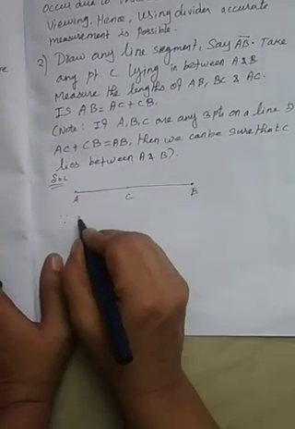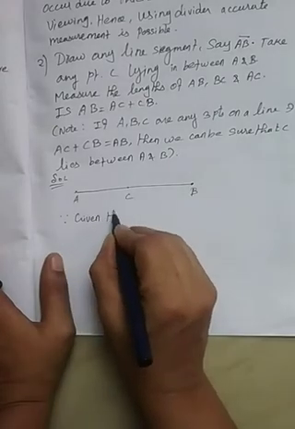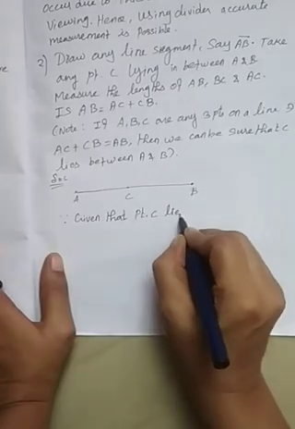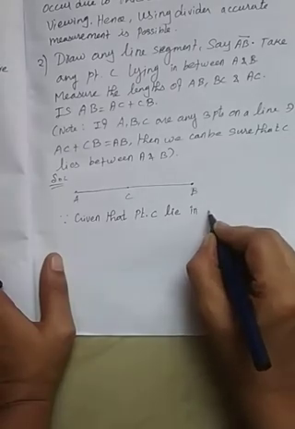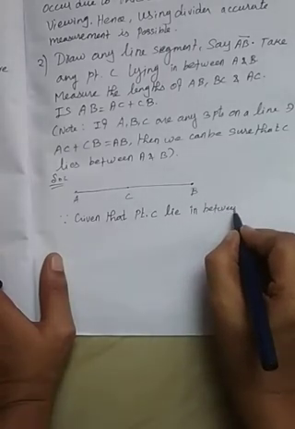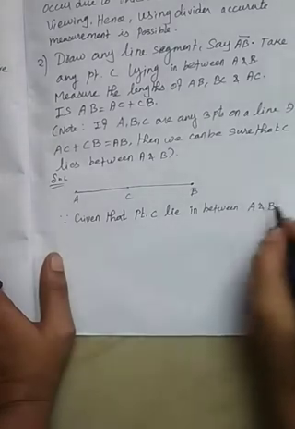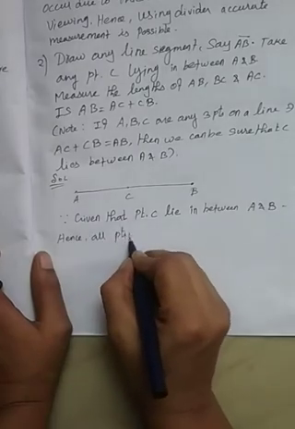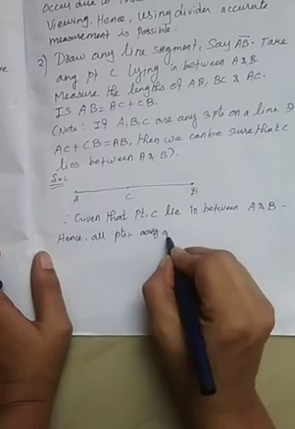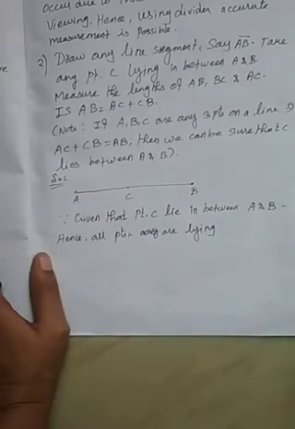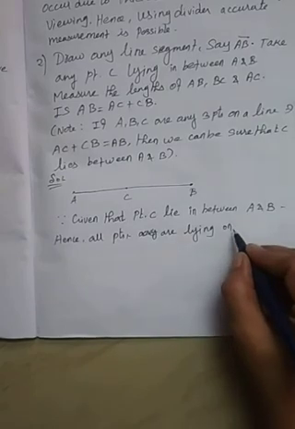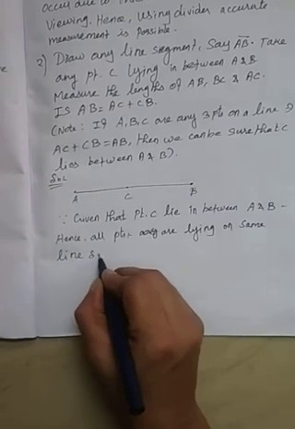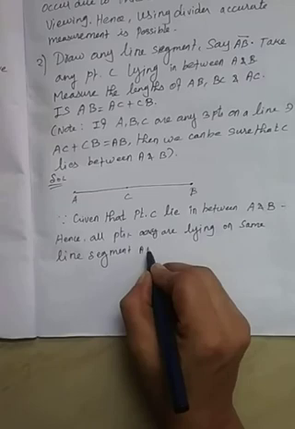See here, since it is given that point C lies in between A and B, hence all points are lying on the same line segment AB.